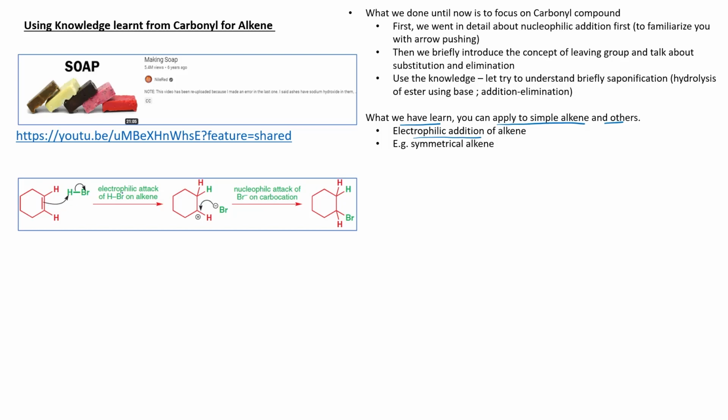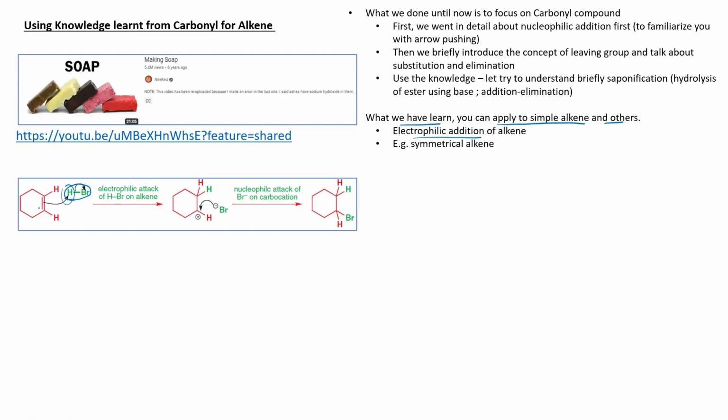You see here, you have hydrogen bromide, with an electronegative atom connected to the hydrogen. So this will behave like the electrophile, because the hydrogen can be deficient in electron.